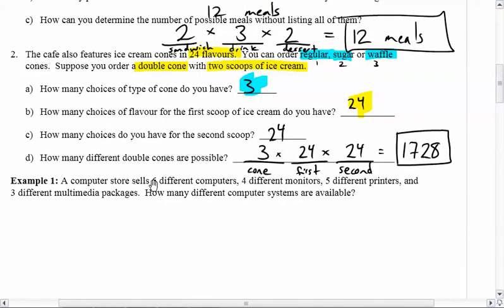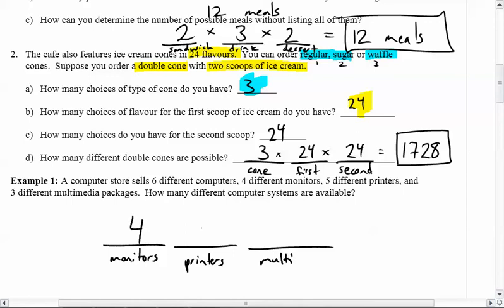Another example, a computer store sells computers. There's 4 different monitors, 5 different printers, and 3 multimedia. So how many different computer systems can we make? 4 times 5 times 3 is 60 computer systems.